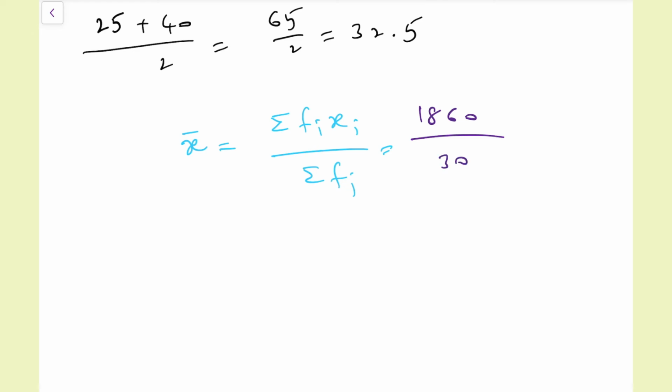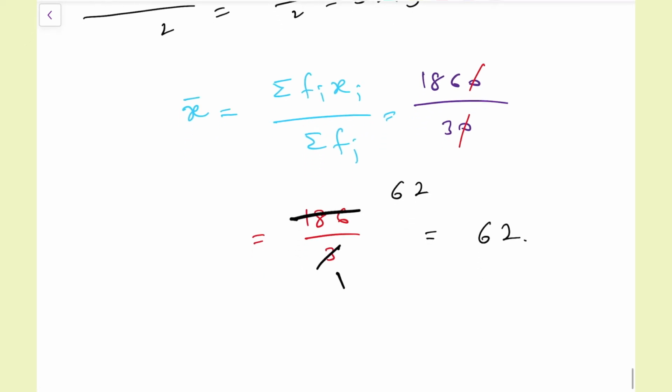Now here 0 0 will get cancelled, then we remain with 186 divided by 3. 3 1s are 3, 3 6s are 18, 3 2s are 6. So mean of the given observations is 62.